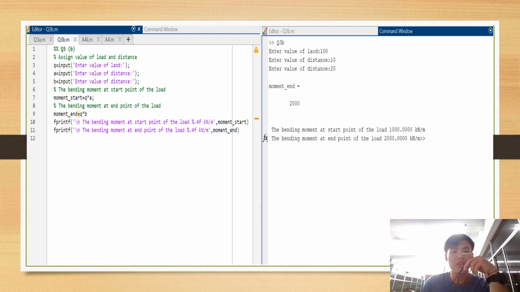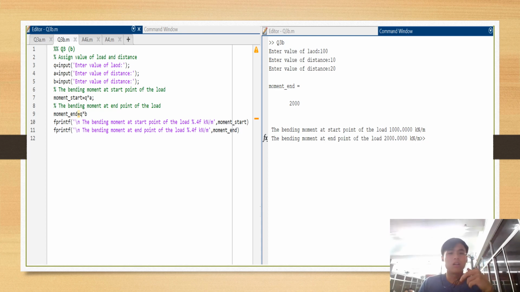For question 3b, we need to find the bending moment at the start and end point of the load. So our input is Q, which is the value of the load, and inputs A and B, which are values of distance.